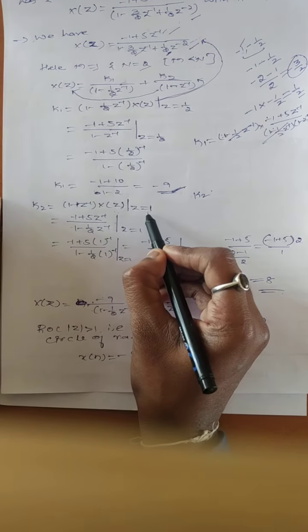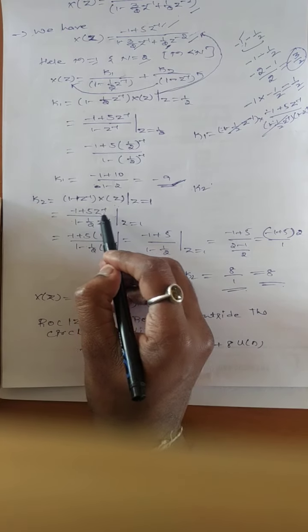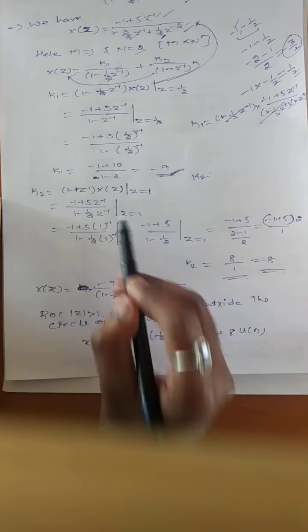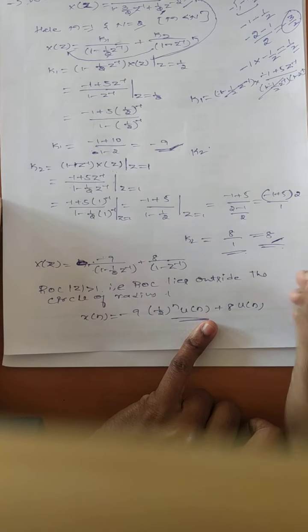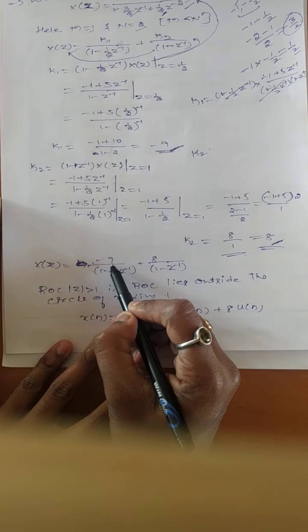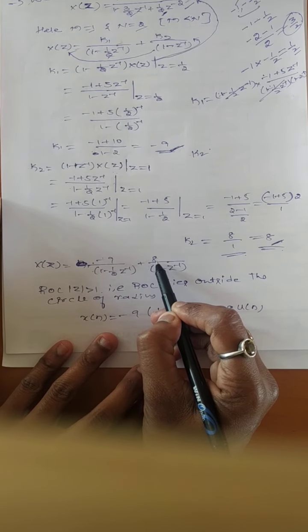Here also it is minus, you take it as plus. In place of z you substitute 1, and after simplification you will get 8. So the value of k1 is minus 9 and the value of k2 is 8.